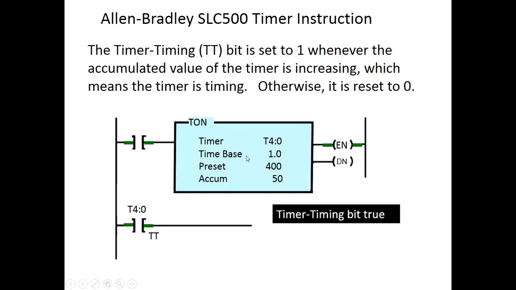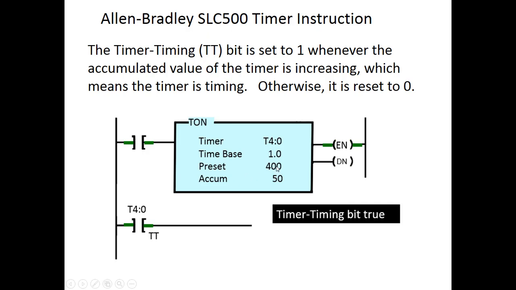The timer timing bit is set to 1 whenever it is increasing. So in this case, this is true. Obviously, because the rung is true to the timer, the enable bit is on. That's the instantaneous contact. But this is accumulating. And as this accumulates 50, 51, all the way up to 398, 399, 400, while this is timing up, this timer timing bit is true.